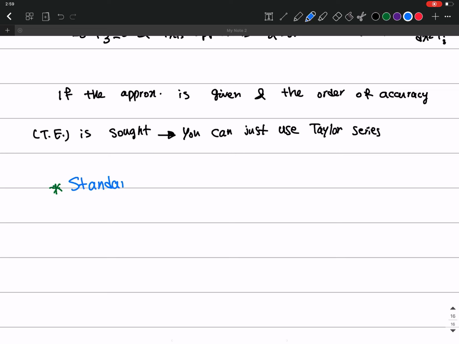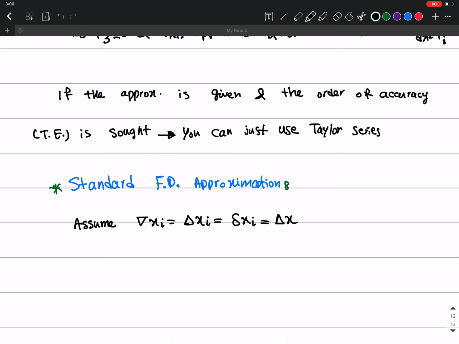So assume that the backward difference, forward difference, and center difference step sizes are all equal to each other and equal to delta x.